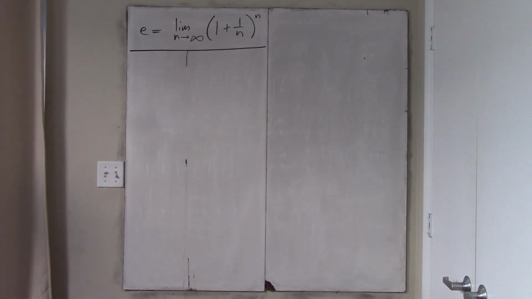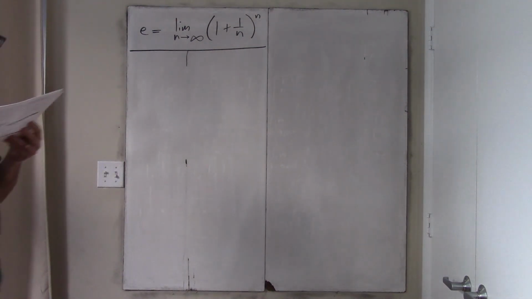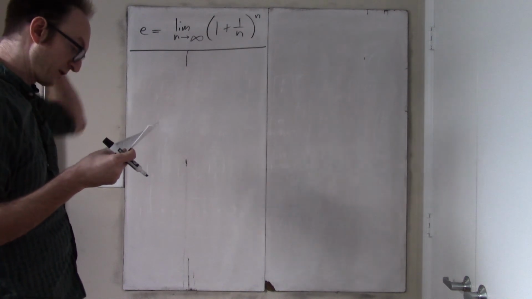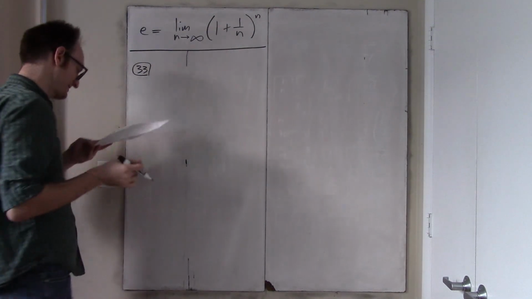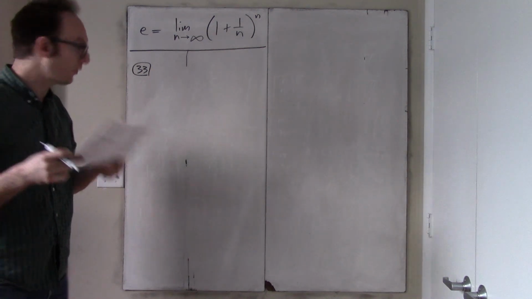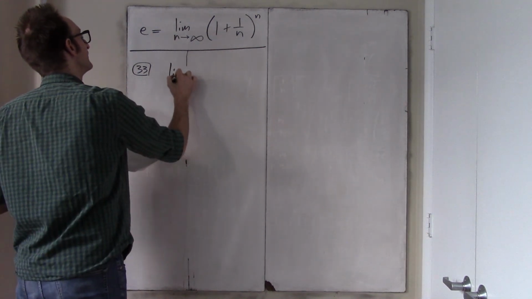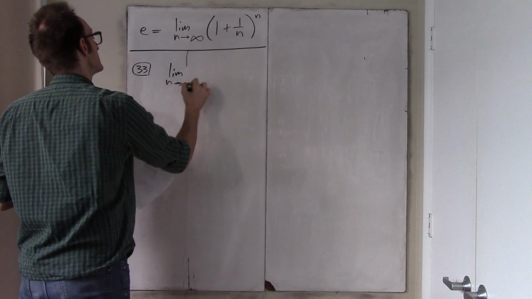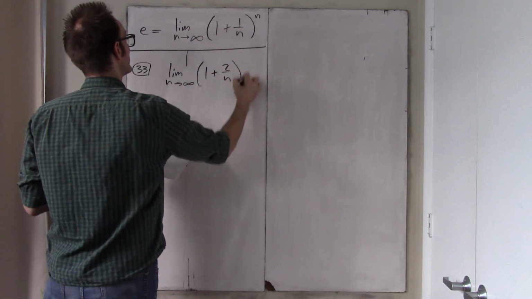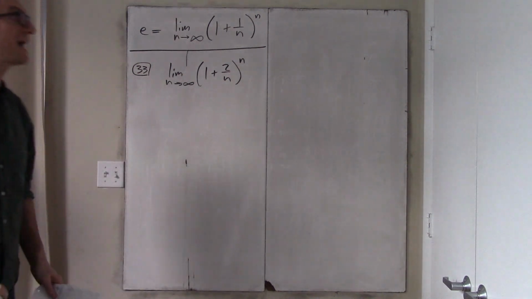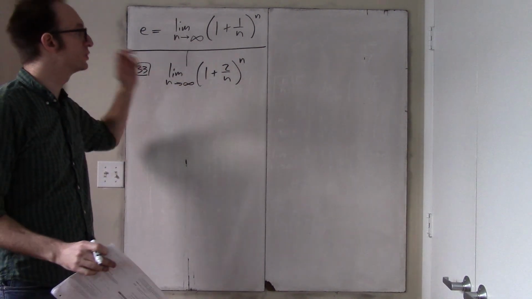Okay, well, then the problem number 33 just tells you basically exactly what to do. They say, okay, what if I was presented with the following limit? The limit as n goes to infinity of 1 plus 2 over n to the n. Well, that looks a lot like e, but there's this little 2 here.